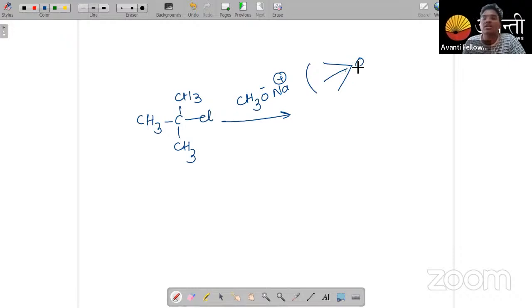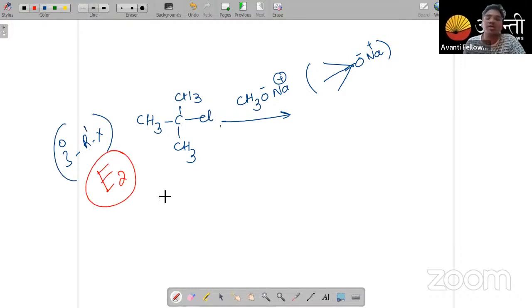So if you take a strong base with a tertiary alkyl halide, which reaction will it undergo? E2 elimination reaction. E2 elimination will help in the production of alkene from the alkyl halide. So definitely a tertiary alkyl halide should not be used.